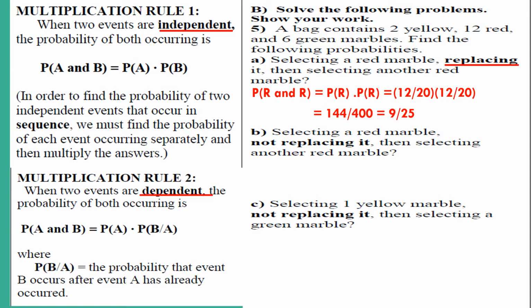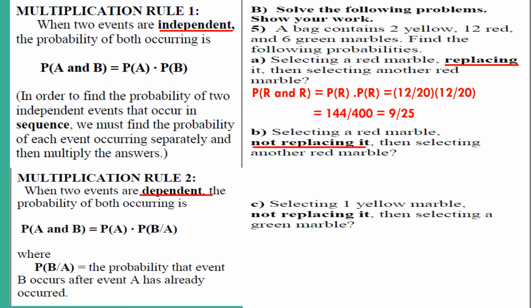Letter B. Selecting a red marble, not replacing it, then selecting another red marble. So, after we selected the first red marble, we did not replace it back to the bag. Then after that, we selected another red marble. So this is the case of dependent events because the total number of red marbles and the total number of marbles change. So we use formula number 2.